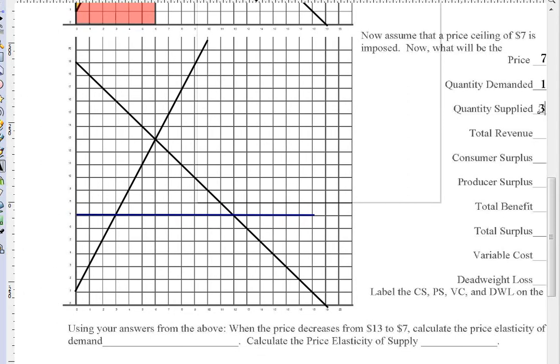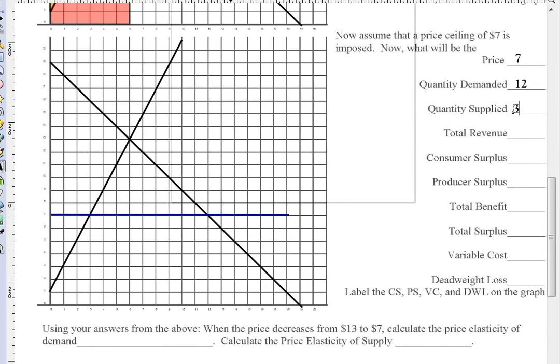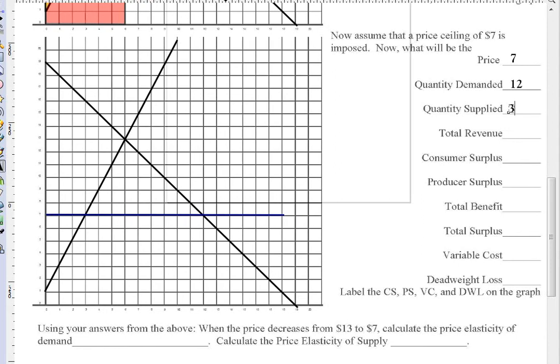So one thing I do in this case to help focus my attention, since I know there's only going to be 3 units out there for sale, it's the 3 that's important. So again, one thing I do is I draw a little line here at the 3 units.